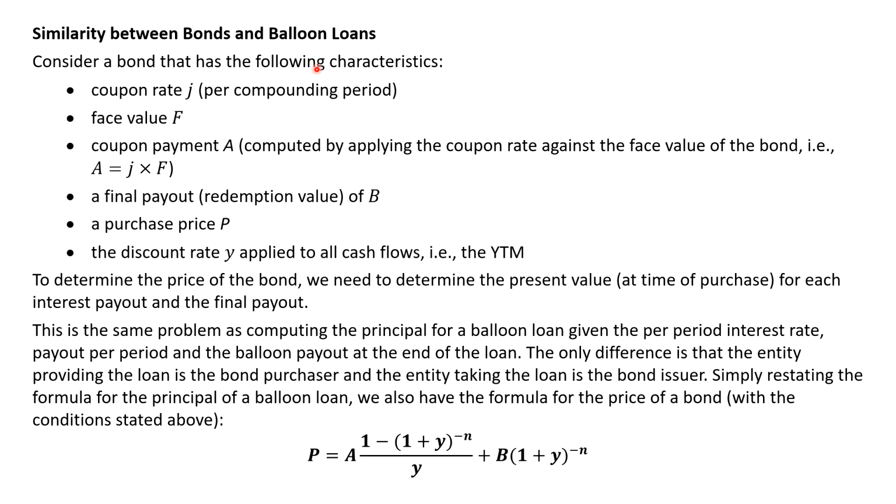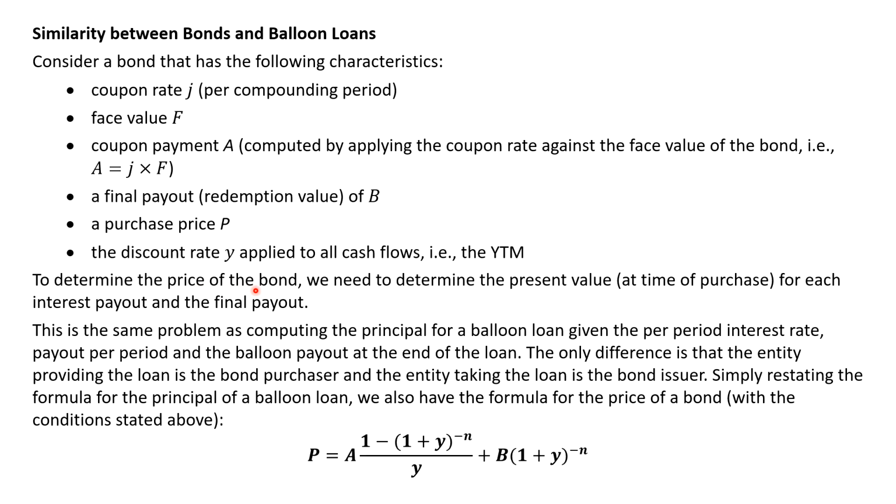So consider a bond that has the following characteristics: coupon rate J, face value F, and from that we can compute A, the coupon payment at every interval, a final payout, the redemption value B, a purchase price P, and the discount rate Y applied to all cash flows. This is the yield to maturity that we talked about in the previous lesson. And also N, that's the number of payment periods.